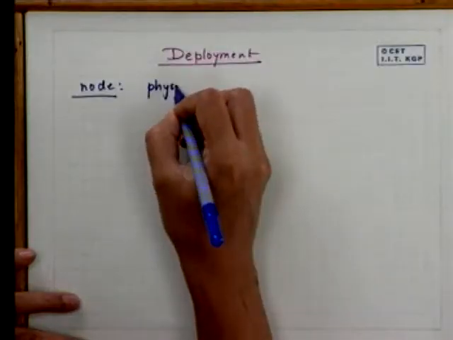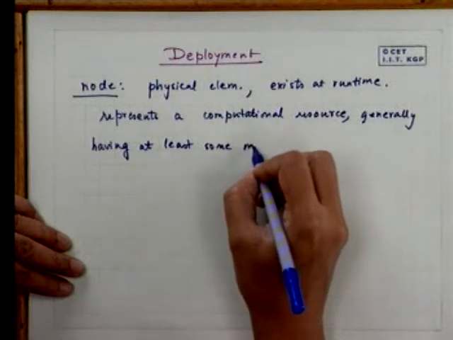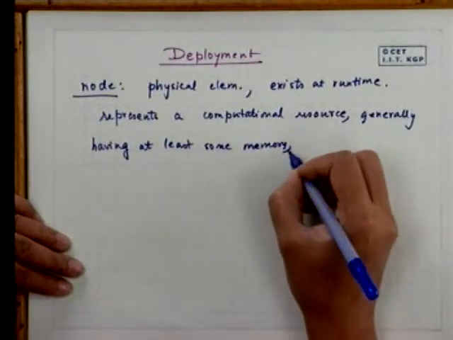A node is a physical element that exists at runtime, and it usually represents a computational resource, generally having at least some memory and often some processing capability.